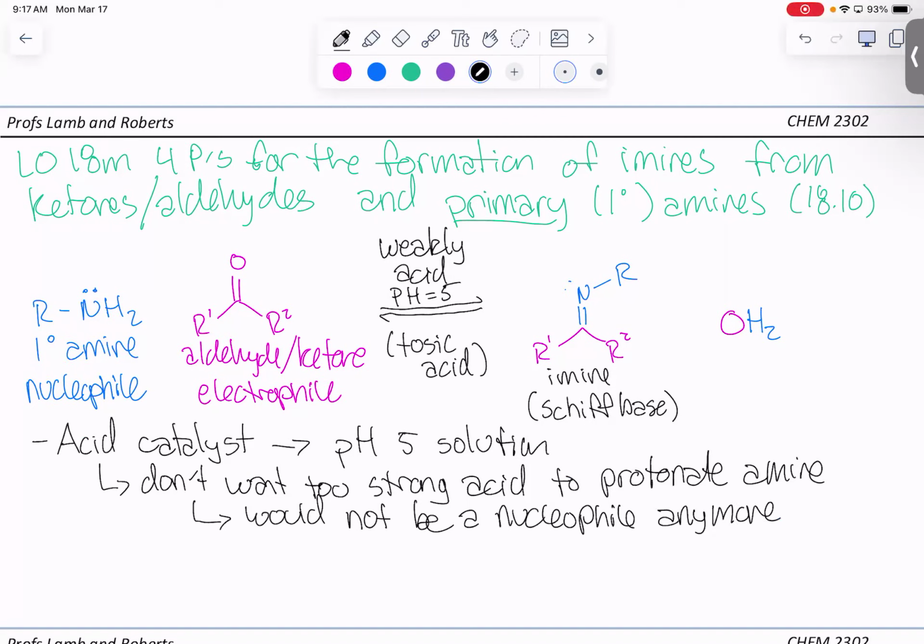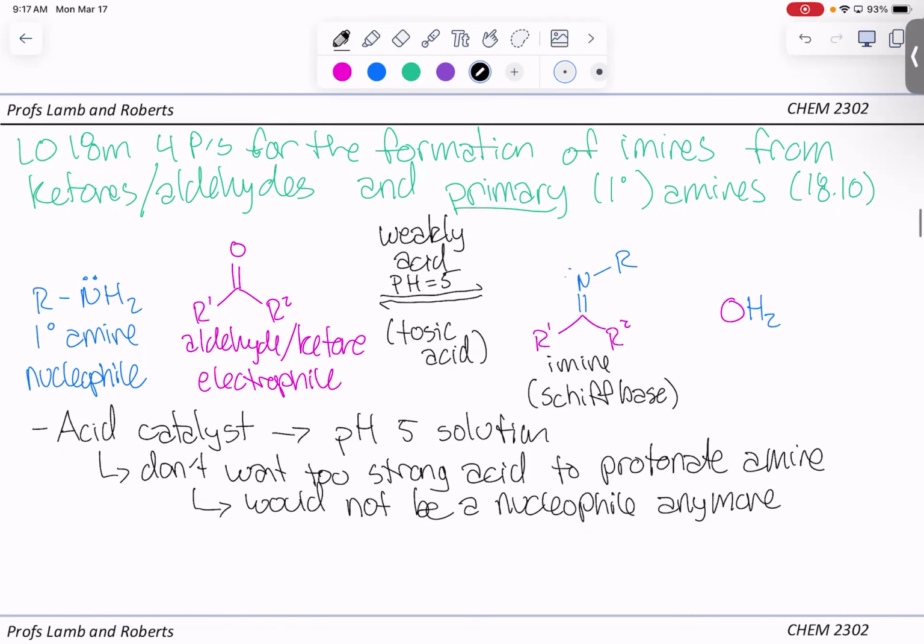Previously, when we were making acetals and ketals, or hemiacetals, or hydrates, we were using oxygen-based nucleophiles. Those are not very nucleophilic, but they're also not very basic. So we didn't worry about protonating those, but we do worry about protonating our amines.